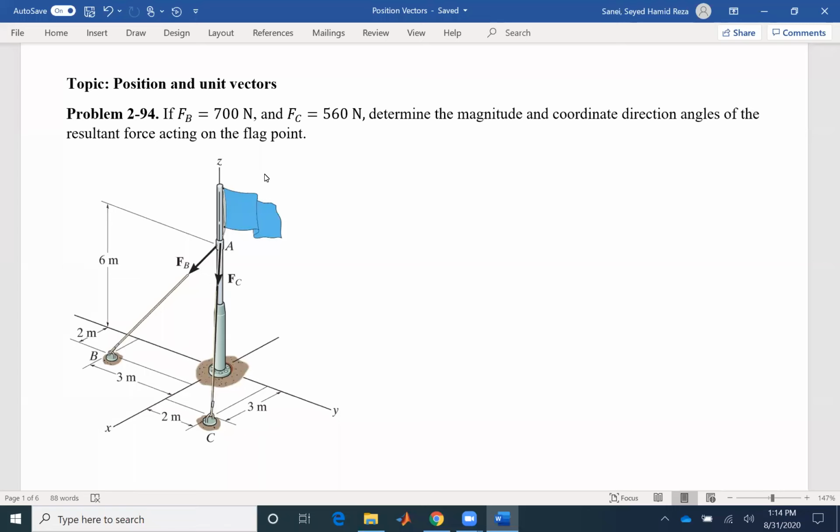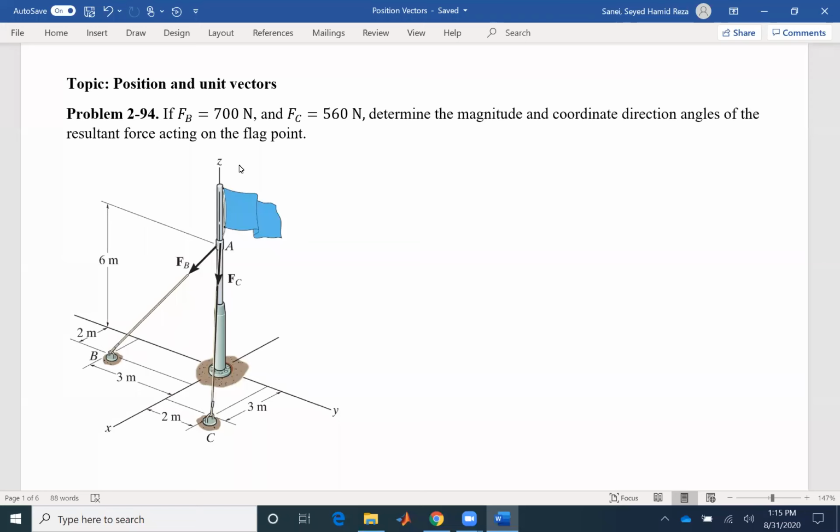And we have to change these vectors. We have the magnitude. We need to write them in Cartesian form. If we had the direction angles, we could simply write the cosine of each angle to each axis and find it in Cartesian form. But we don't have the angle either, but we have the dimension. So we have to use the unit vector definition to find each force in Cartesian form.